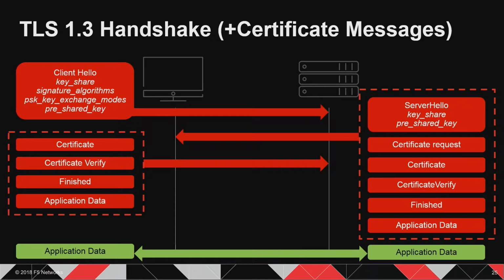You can probably see that in a corporate environment where you might give each employee a digital certificate on a smart card or that kind of thing. So the server sends a certificate request, its own certificate, a certificate verify message, and it's finished, and it can start sending application data. And then the client responds with its messages. And then you're talking encrypted. So it's again, basically one RTT.